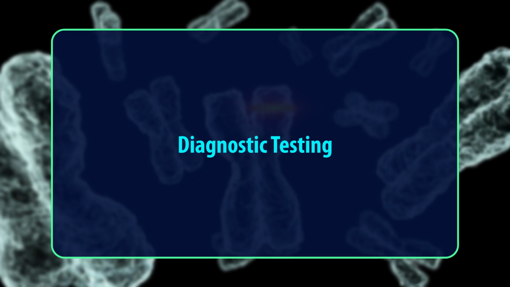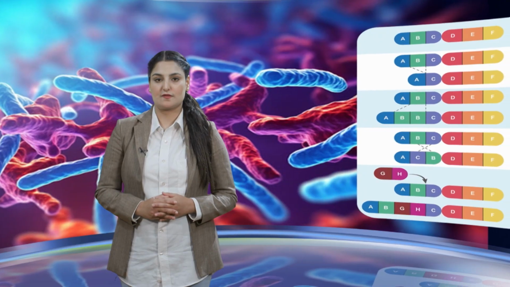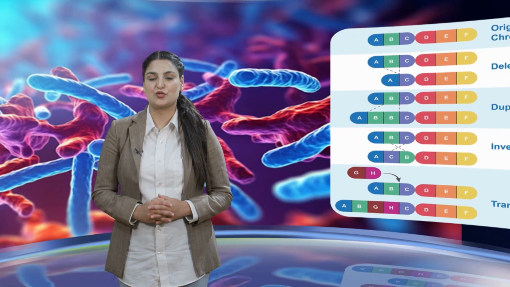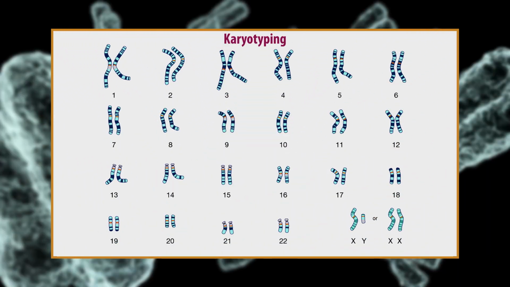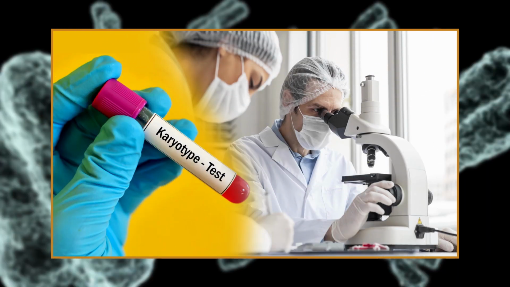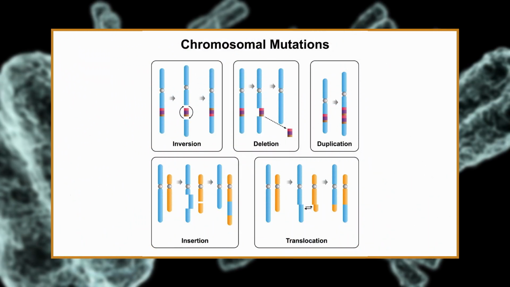Diagnostic testing: advances in cytogenetics have enabled the detection of chromosomal mutations using precise diagnostic tools, which are crucial in genetic counseling. Some commonly used ones are karyotyping, which allows visualization of all chromosomes under a microscope to detect abnormalities such as deletion and duplication.